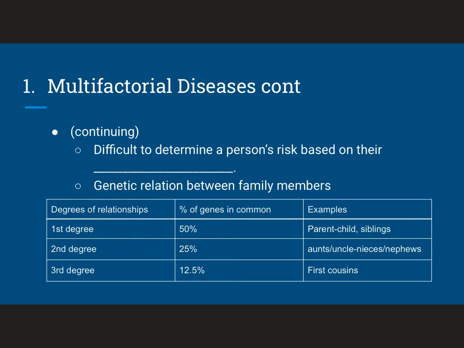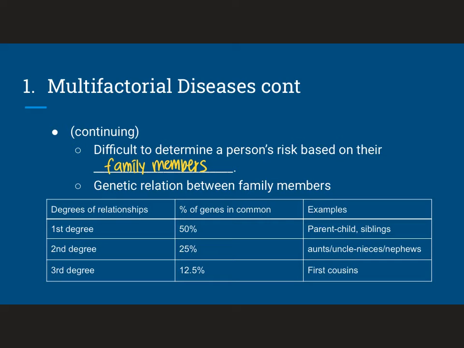Continuing from the previous slides, even though you may have a certain genetic component that may expose you to a higher risk of getting different types of diseases, it is difficult to determine a person's risk based on their family members and their medical history. So your mom or dad having a certain type of disease does not mean you're going to have that disease for sure, certainly. You may have a higher risk because of different genetic components.